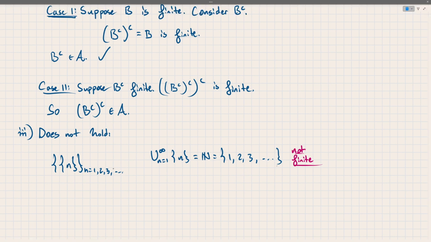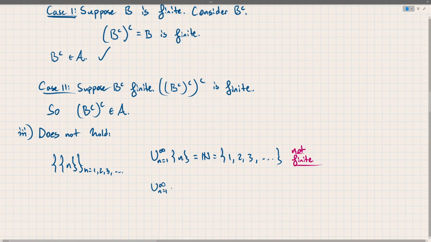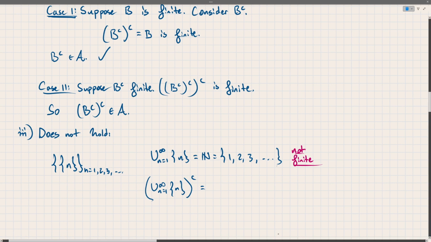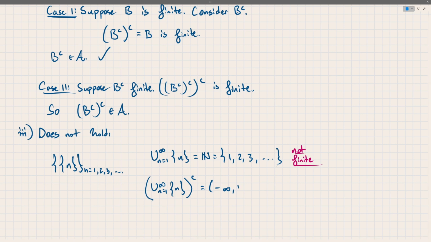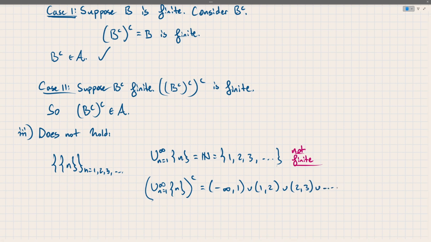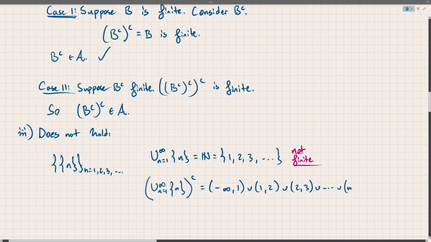If we take the complement of that union, what I will get is the open ray from negative infinity to 1, union with the open interval from 1 to 2, union with the open interval from 2 to 3, union with and so on, in general the open interval from n minus 1 to n, continuing.